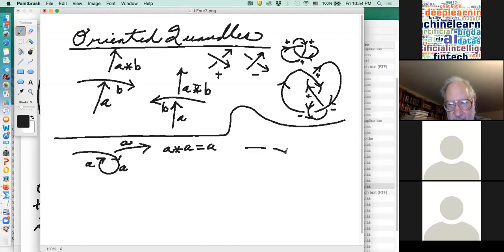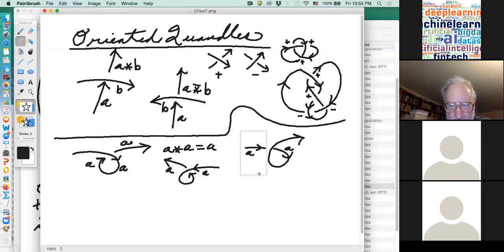And if you had the opposite kind of crossing, like this, then this would be A, and this would be A. I really wanted this, to stay with my convention similar to the other cases.